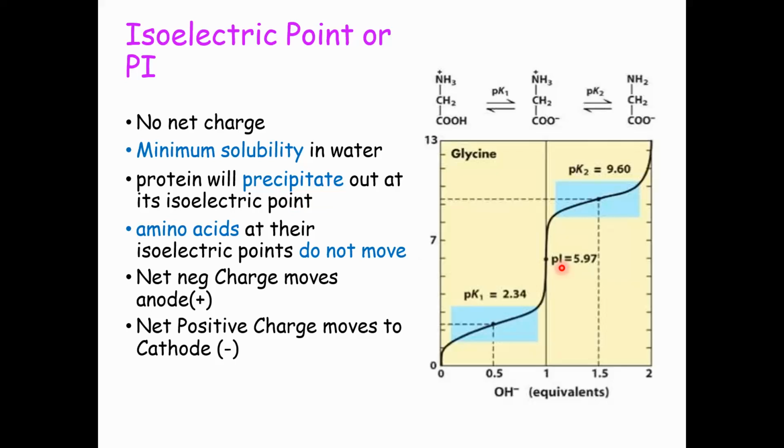Mostly proteins that are in zwitterion form, if we place them in a solution with a pH near 5.9, or near the isoelectric point, will precipitate.